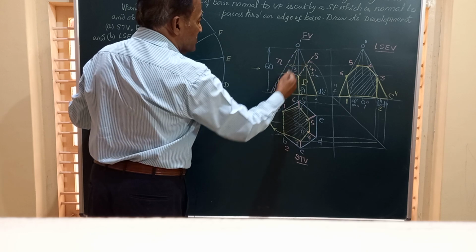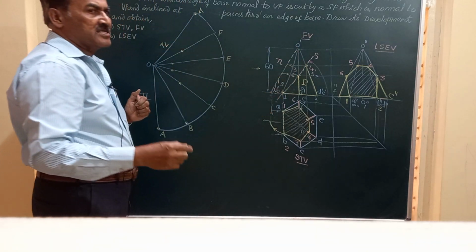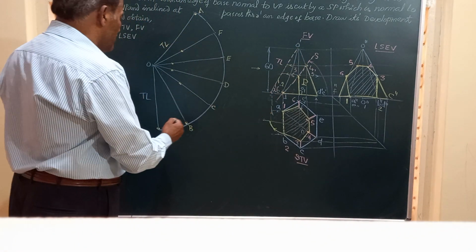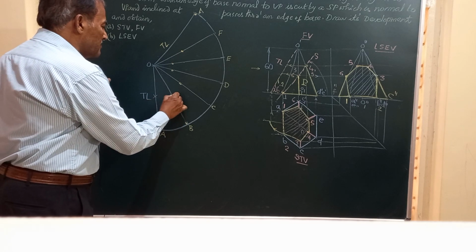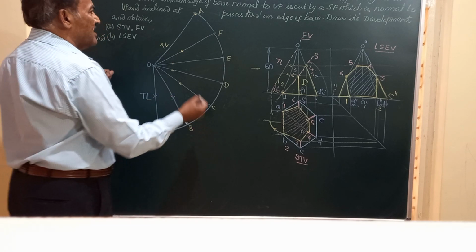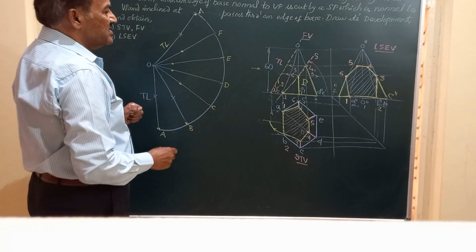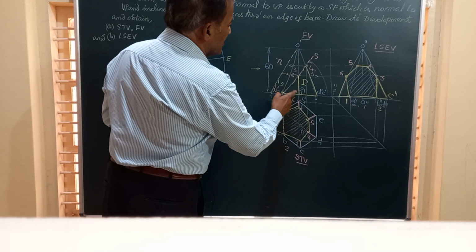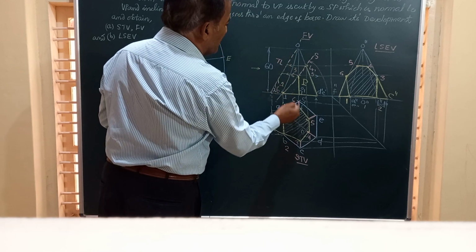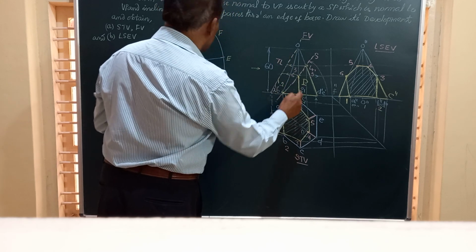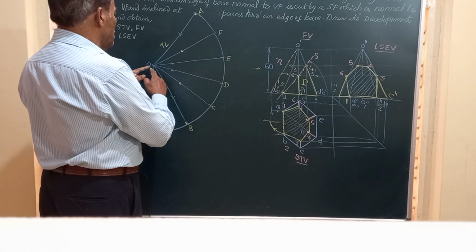Here friends, the slant edges OA and OB, as I said before, are removed. So these two will not appear in the development later on, OA and OB. Next friends, you have got this is OC, OF. On OC and OF, this much portion is retained.